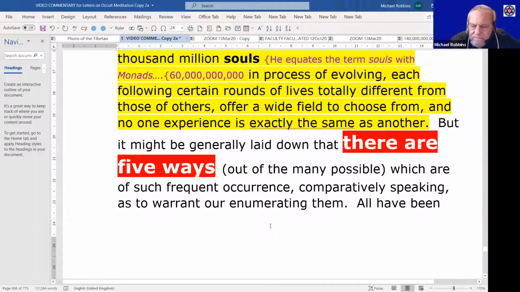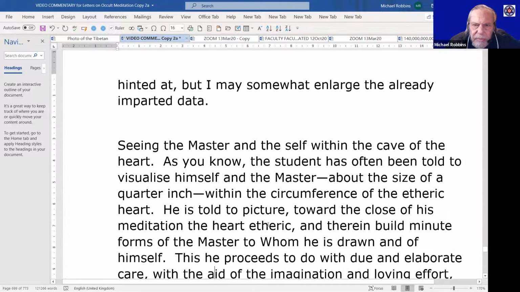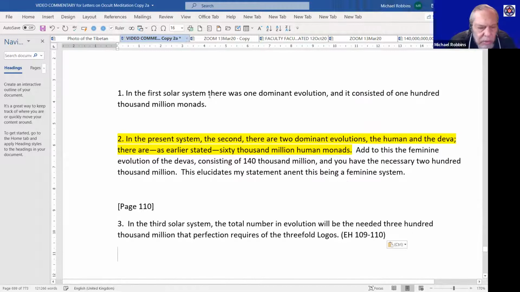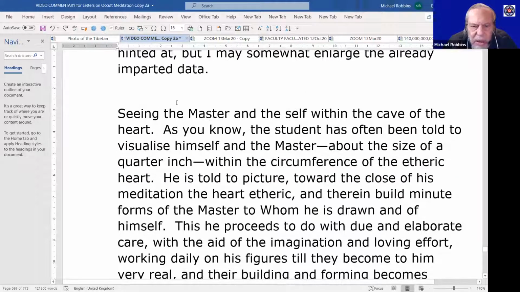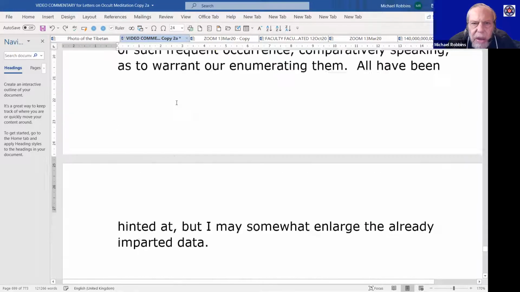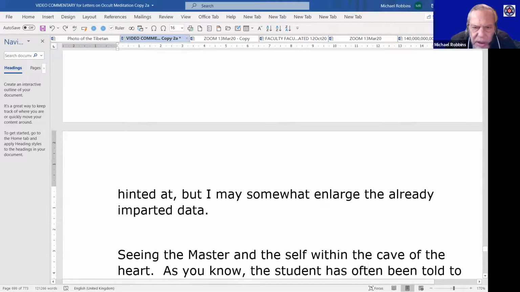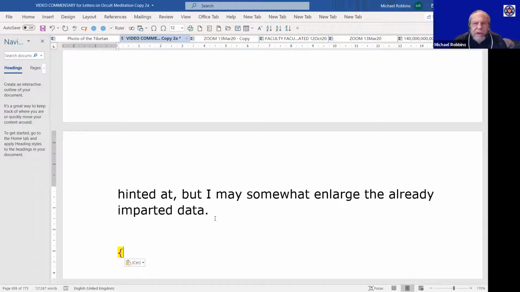Okay, going on. These are, now we're speaking of access to the master. And we'll notice later that this access has much to do with the 6 stages of discipleship also.